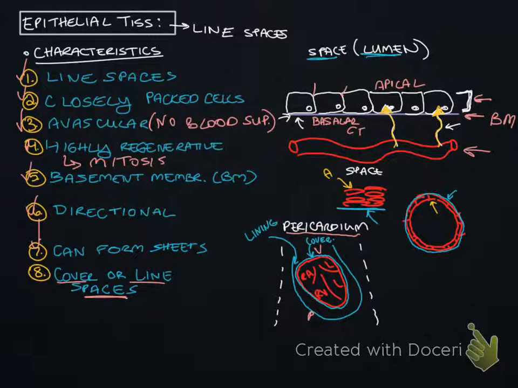This would be the lumen, the space, and it is epithelial tissue that makes up this membrane here. Remember, it is always the parietal side that touches the cavity, and the visceral side that actually touches the organ.